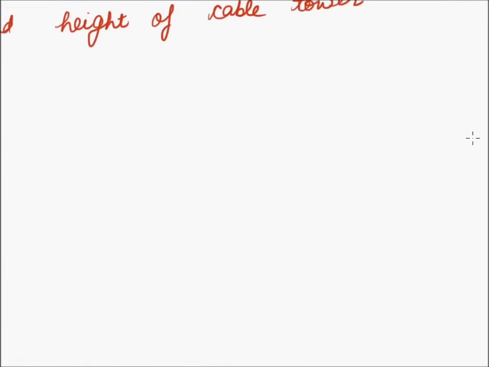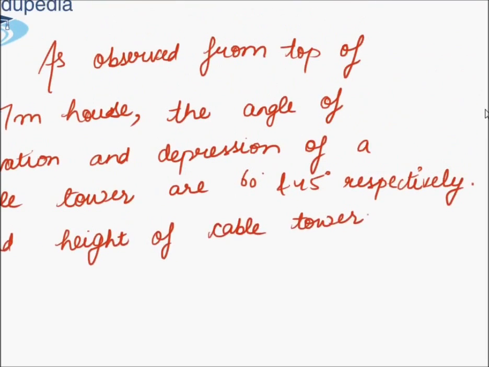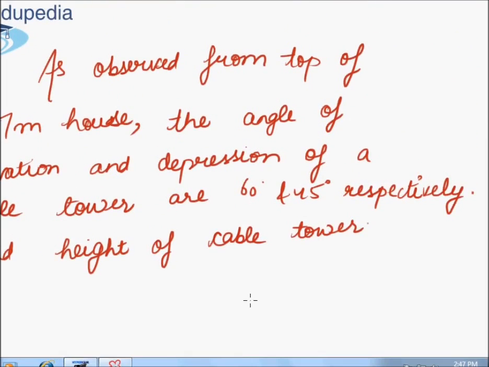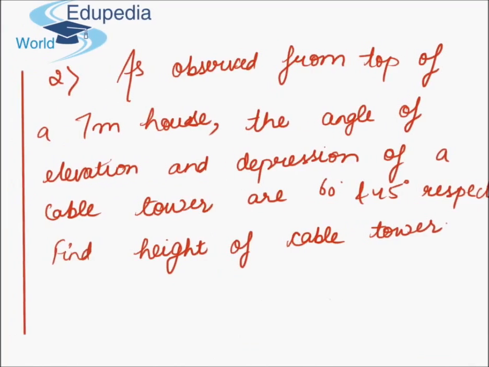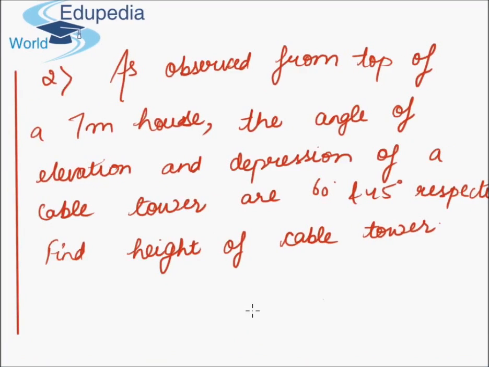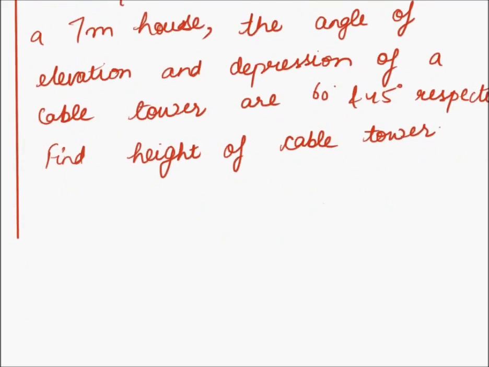Let us have the last question from my side of this topic. The question says, as observed from top of a 7-meter house, the angle of elevation and depression of a cable tower are 60 degree and 45 degree respectively.